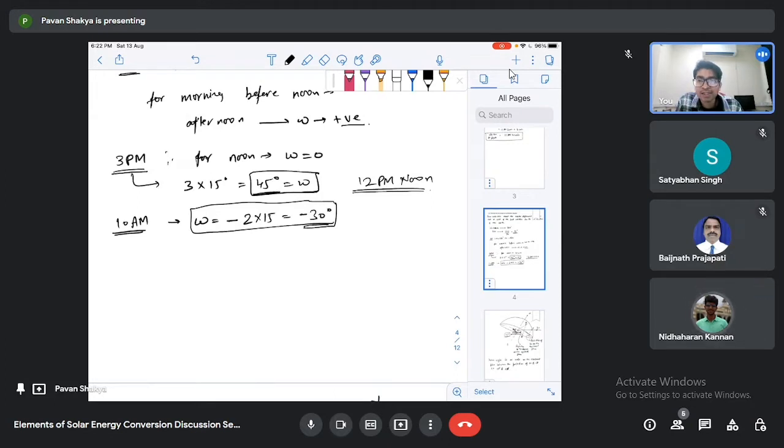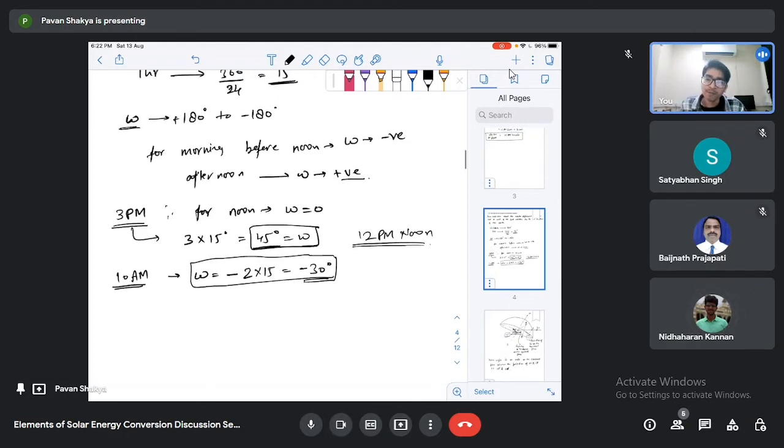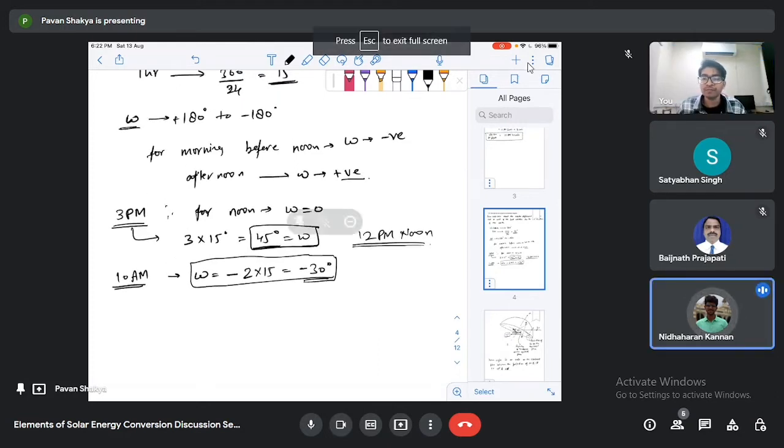It just tells about the angle, how much angle for a particular location the sun changes its location. With respect to Earth, right? With respect to any particular position. Okay, thank you.